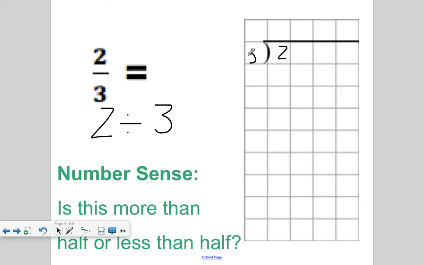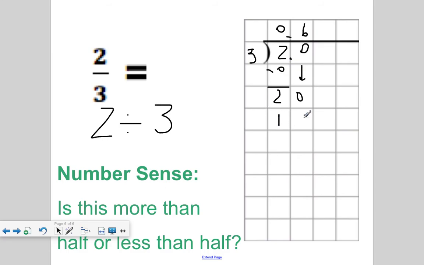So I know it's going to be more than half. Can 3 go into 2? Nope, 0 times. So the remainder is 2. I don't want to change the value of 2, so I put a decimal point and a 0. Bring down the 0. How many groups of 3 go into 20? 6 groups. 3, 6, 9, 12, 15, 18.